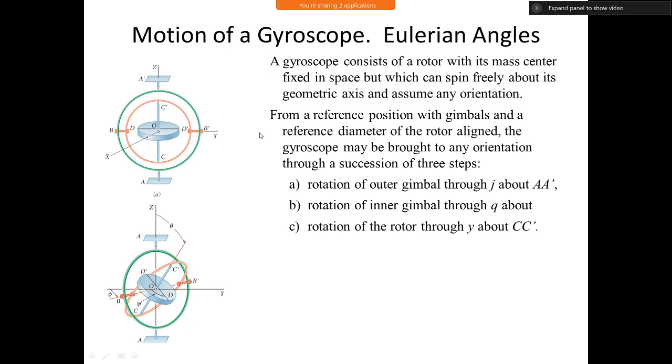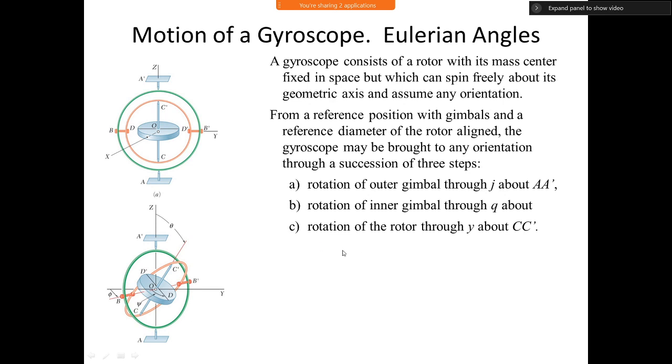For example, I can rotate the outer gimbal about AA. This green thing can be rotated. Then we can rotate things about BB. This BB is missing here. Rotation of inner gimbal through theta about BB, and then we can rotate the rotor about CC prime, and we can give it a small rotation psi.